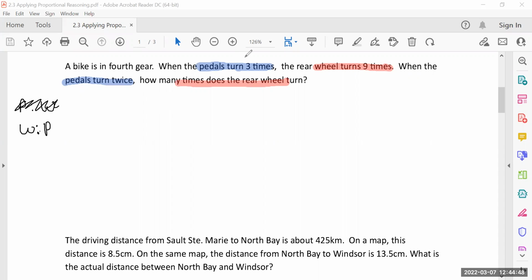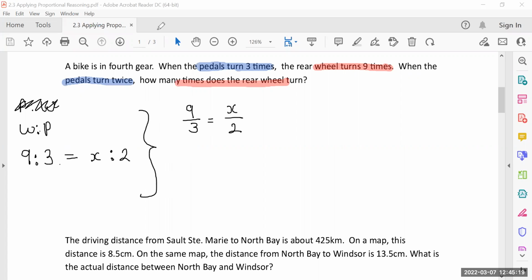You can do red to blue, just as you can do blue to red, right? So wheel to pedal. When the wheel turns 9 times, the pedal turns 3 times. That's going to be the same as if the pedal turns 2 times, how many times does the wheel turn? So again, I'm going to convert that into fractions. 9 to 3 is the same as x to 2.